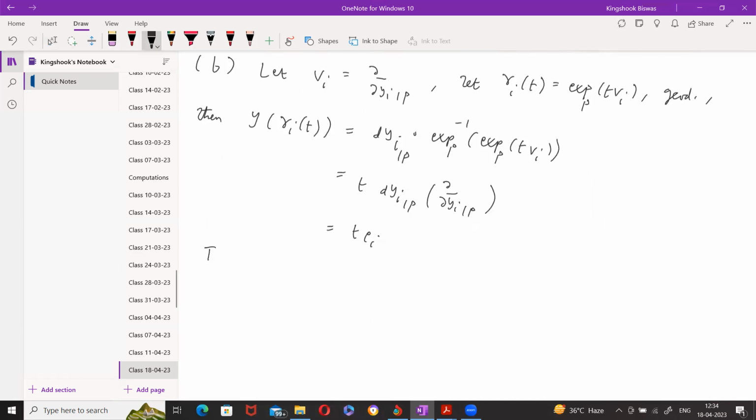So thus, the Hessian of f at p acting on Vi, Vi, as we've shown before, is d squared dt squared at t equal to 0 of f of gamma i of t.